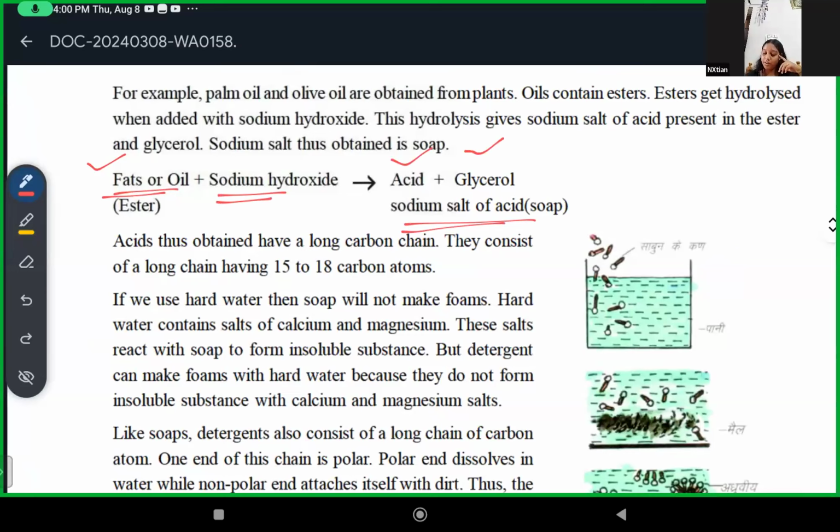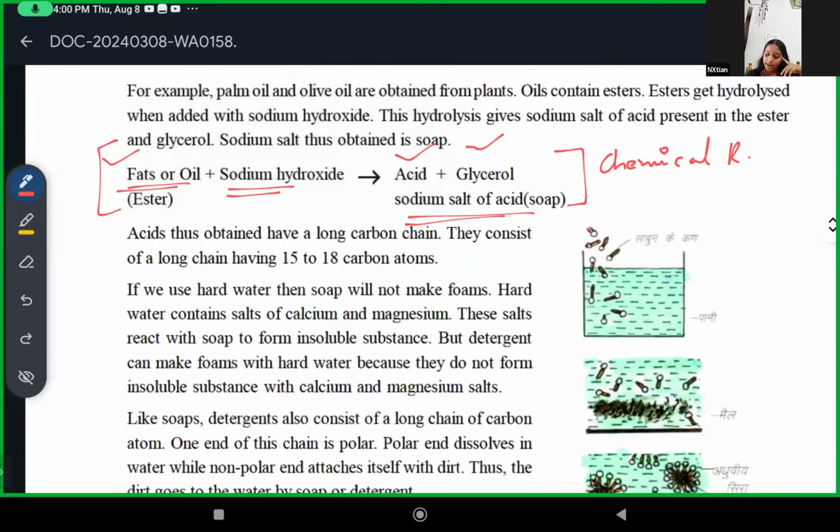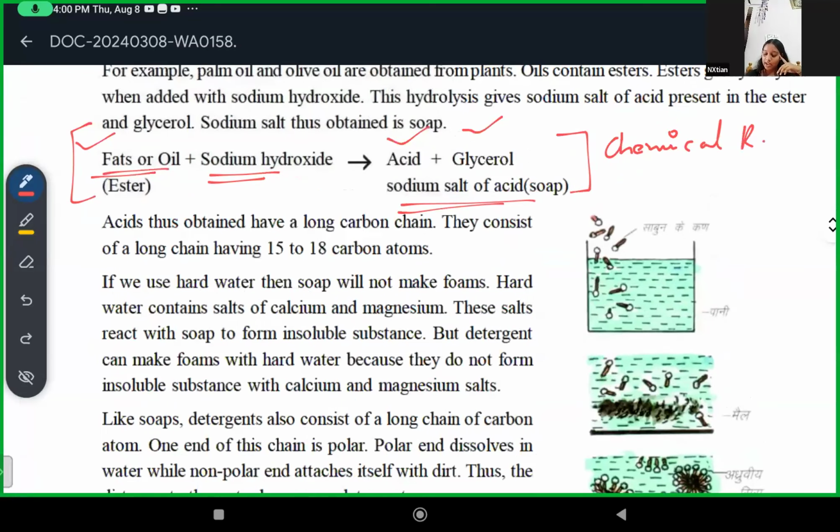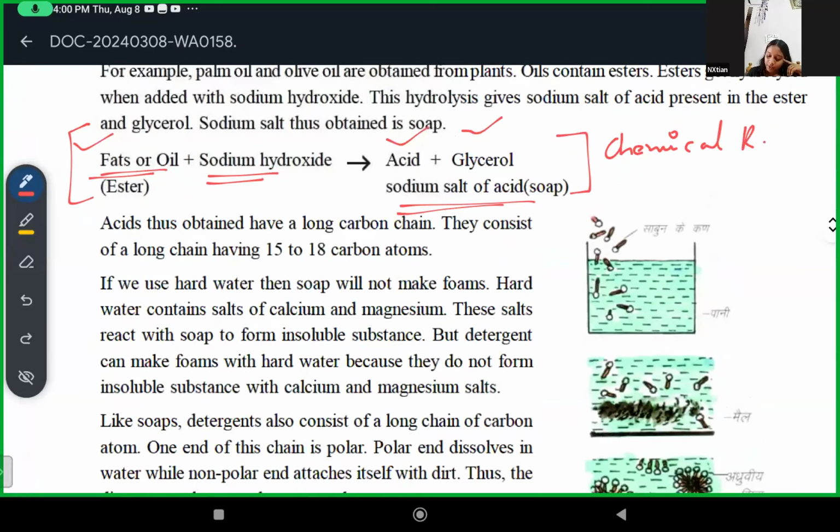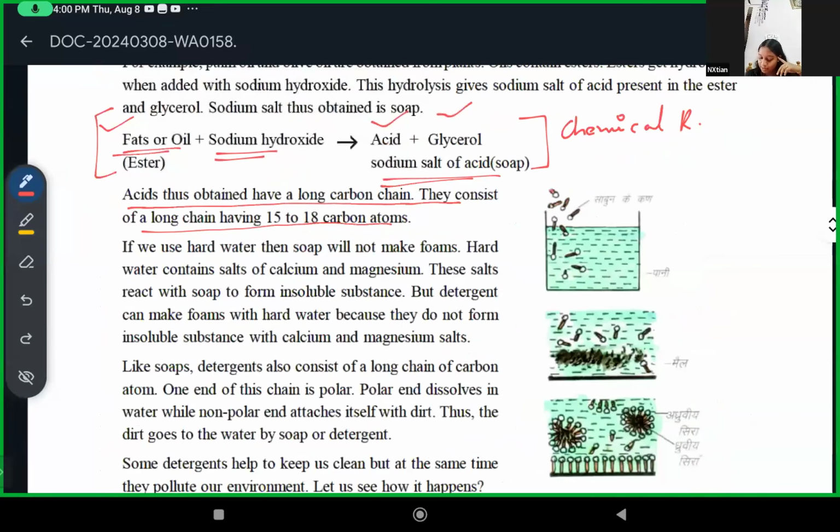This is the chemical reaction which takes place in the formation of soap. The acids thus obtained have a long carbon chain, consisting of 15 to 18 carbon atoms.